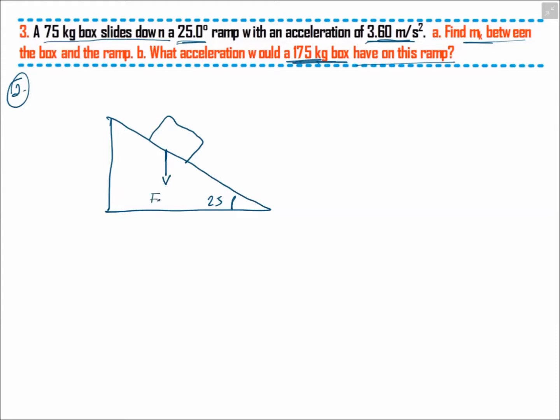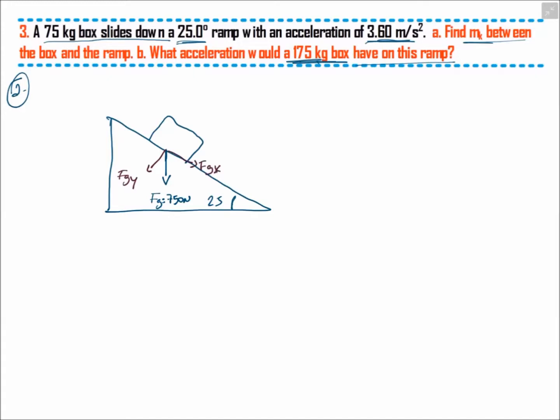So Fg of the box will be 75 times 10, 750 Newton. In this type of question, first of all, we have to draw the free body diagram. In the system, there is no external force. We have components of the Fg, Fgy and Fgx.